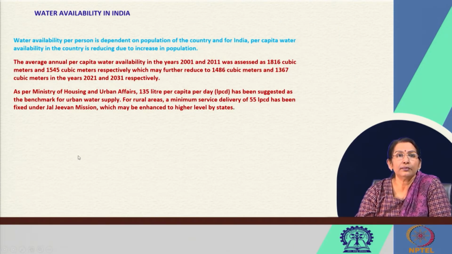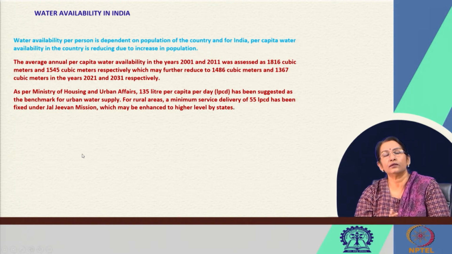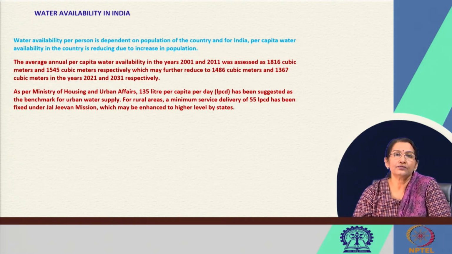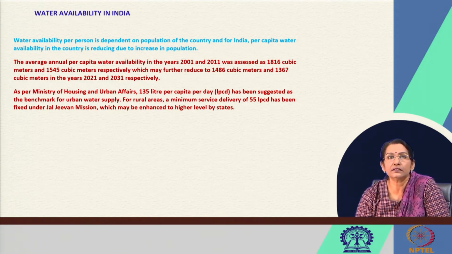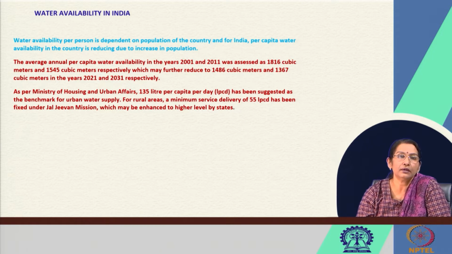Water availability per person is dependent on the population of the country, and similarly the per capita water availability. As the population increases, the per capita availability and consumption of water definitely decreases.